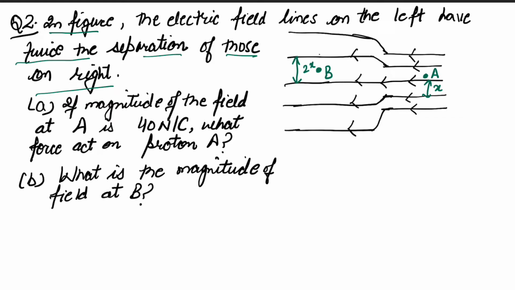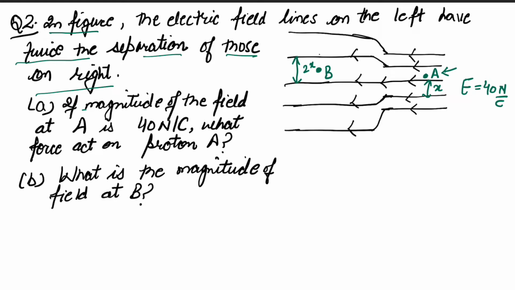So, the first question is, if the magnitude of field at point A is 40 Newton per Coulomb, means for this particular point A, you are given with the magnitude of the field that is 40 Newton per Coulomb. And we know that these are SI units for the electric field.